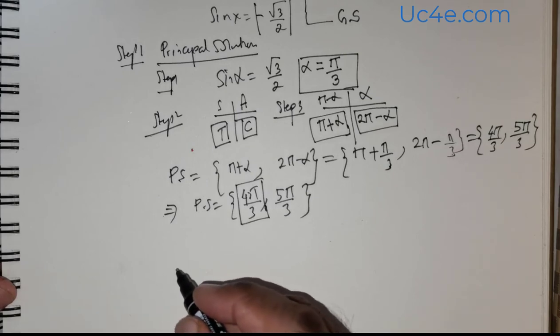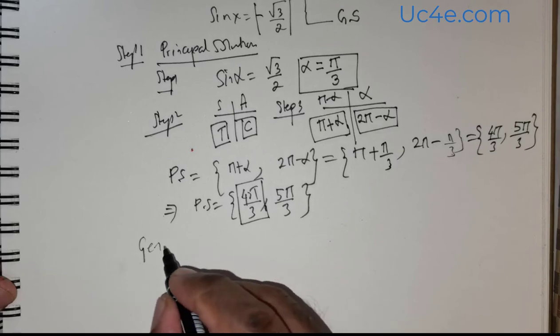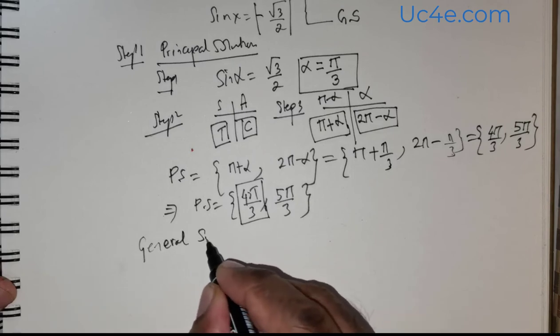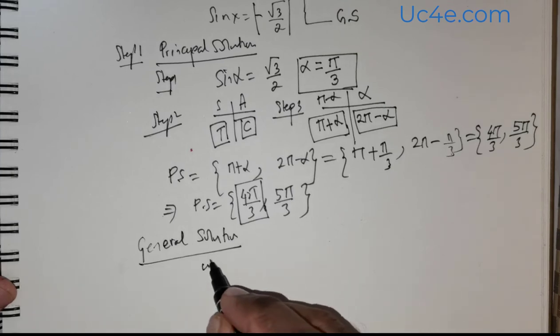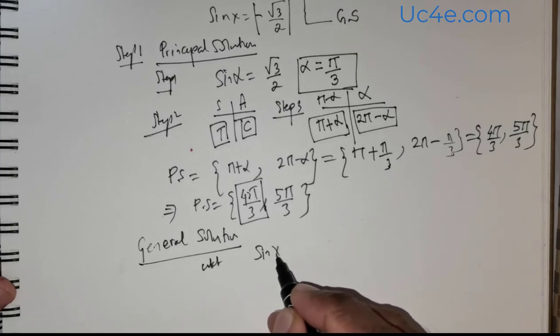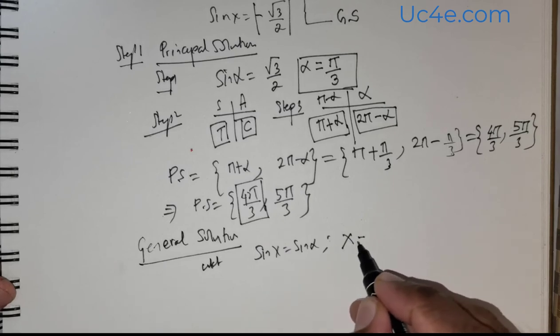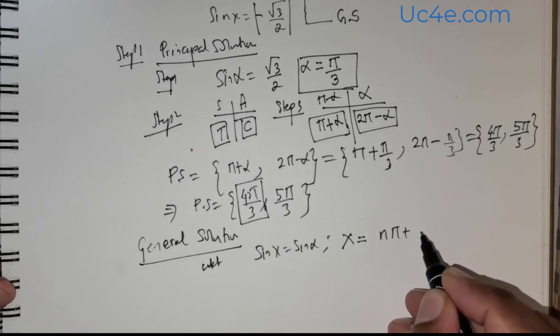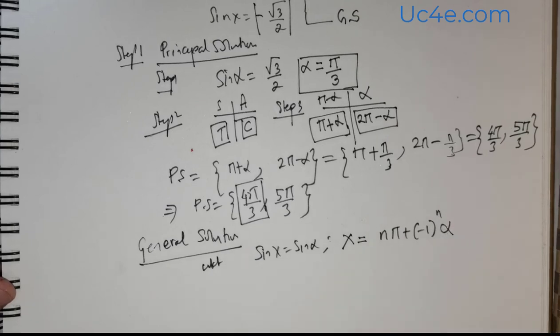So let me write that down, general solution. Now we know that when sin x is equal to sine alpha, the value for x is given as n pi plus negative 1 raised to the power of n times alpha, right?